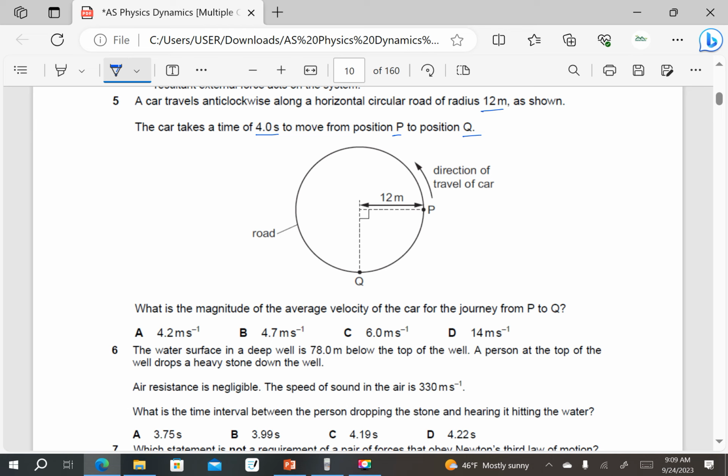Since velocity is a vector quantity, first of all I will consider the displacement from P to Q, the shortest distance between P and Q, which is that one there.